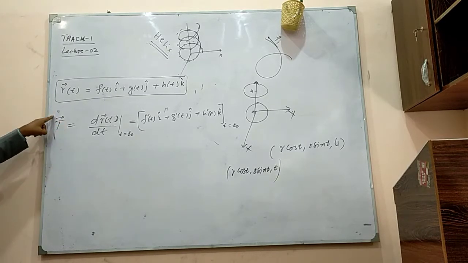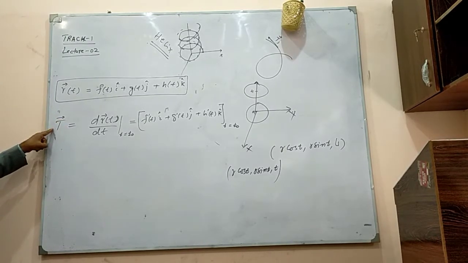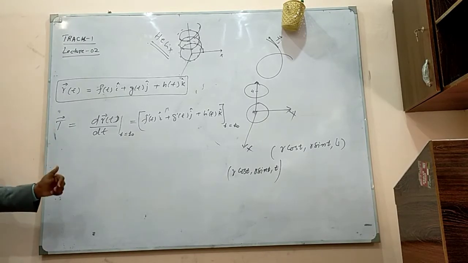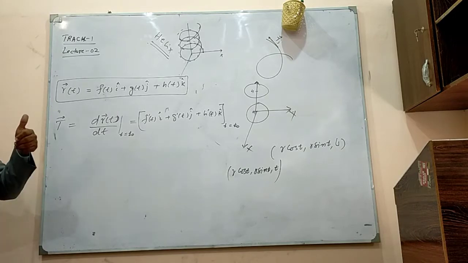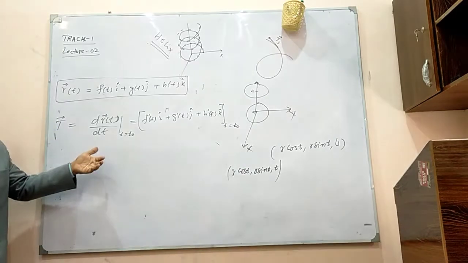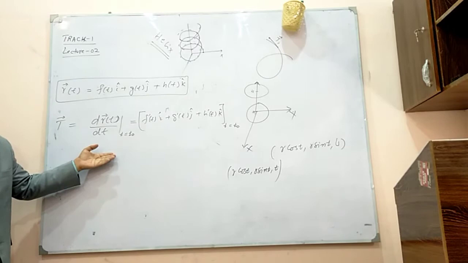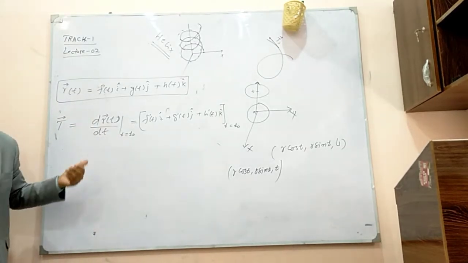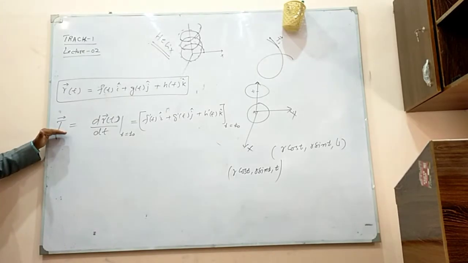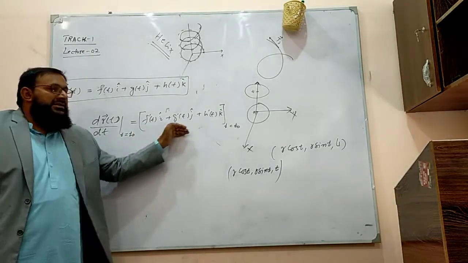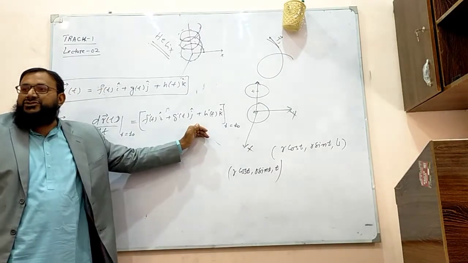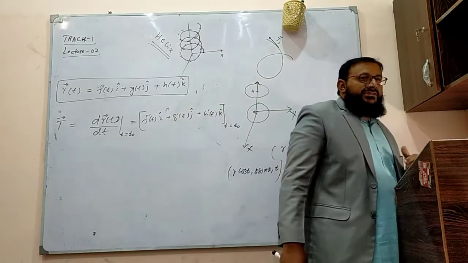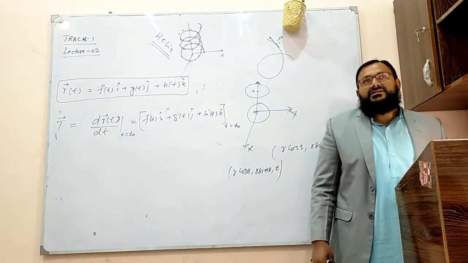But when you find the absolute value or the length of this vector, we call that quantity speed. So what is the difference between velocity and speed? In the mathematical sense, velocity is a vector and speed is a scalar. In mathematics, velocity is going to be in vectorial form and speed is going to be a constant or a scalar.